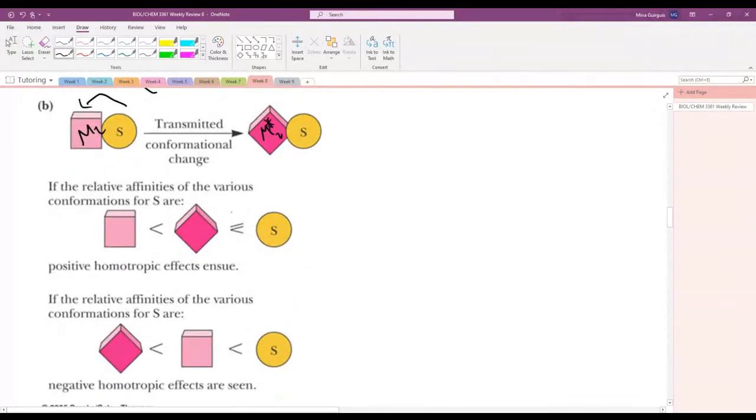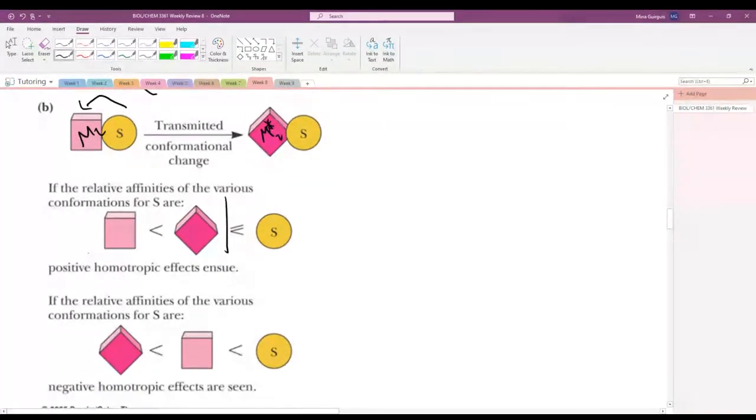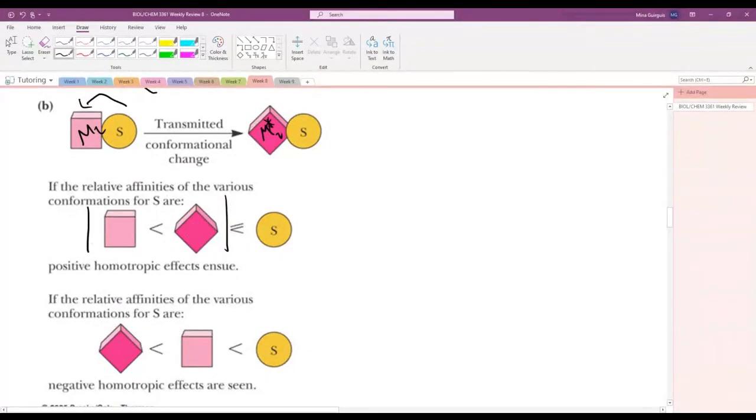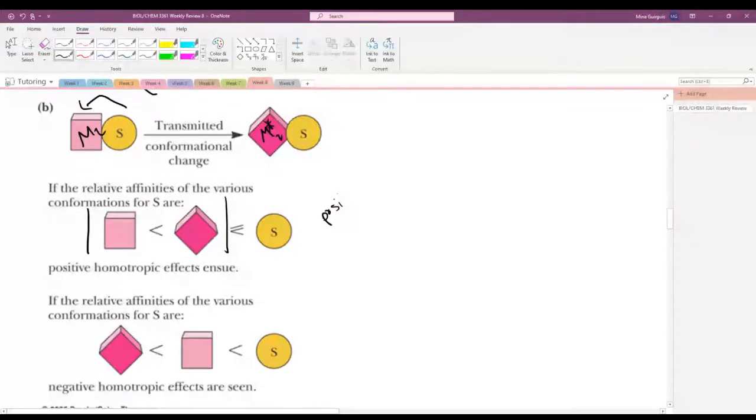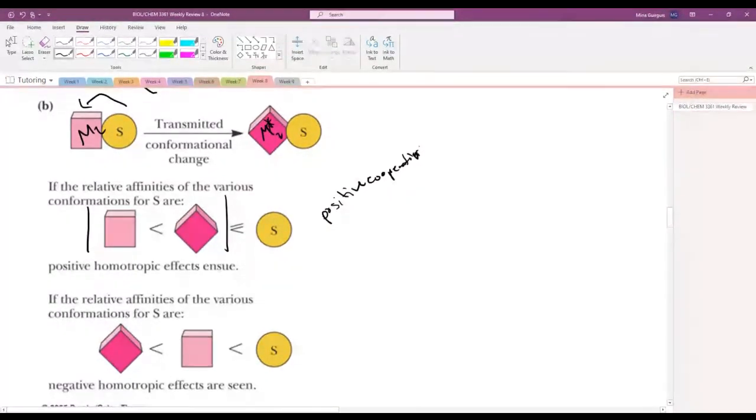Basically what it's saying is, if my new M2 binds to my substrate better than my old one, what I've done is called positive cooperativity. Why? Because the binding of the first substrate increases the affinity of my enzyme for the second substrate. Does that make sense?